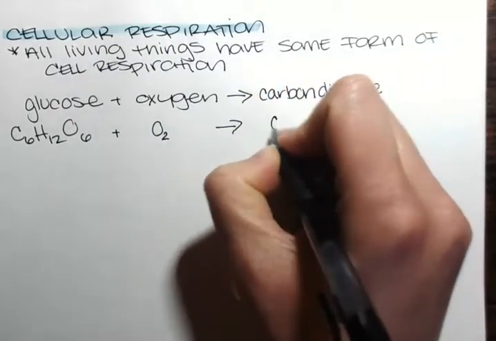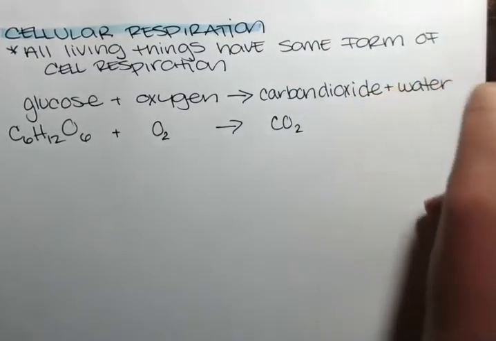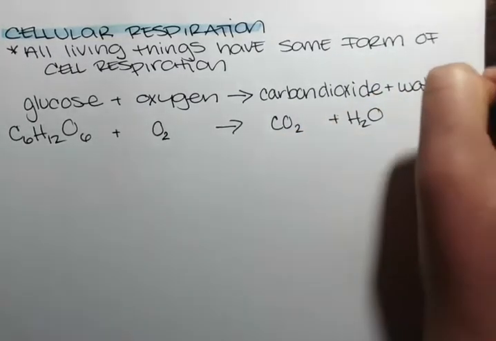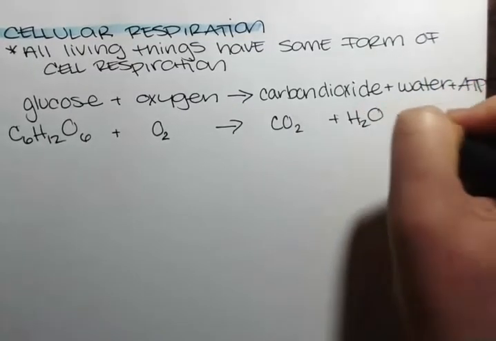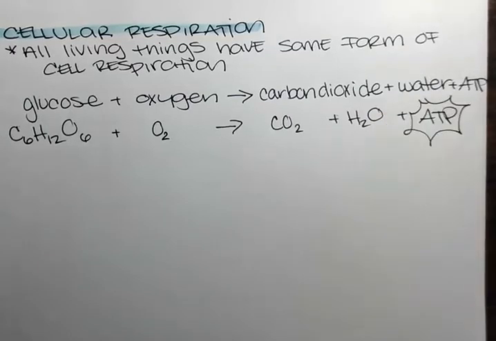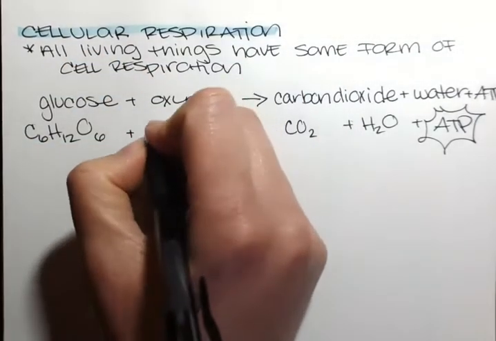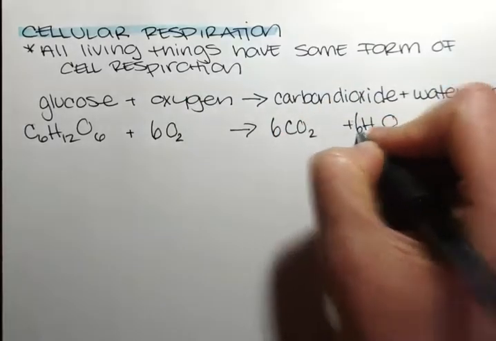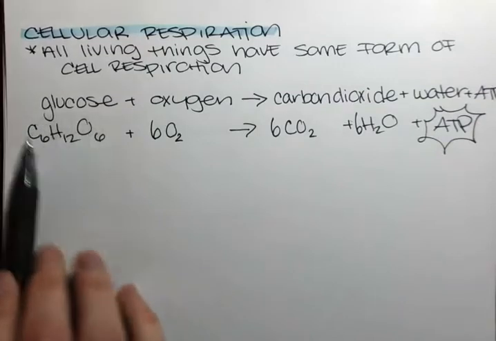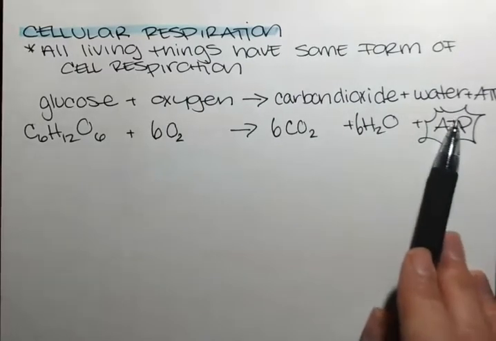So these are going to react and you're going to get CO2, water, which is H2O, and ATP, which is energy. So the whole real purpose here is to get all of these ATP at the end. And for those of you who like some balance, I'm going to balance this equation. I'll put my 6's in here. So essentially what you're doing is breaking this glucose down and releasing the energy that was stored in those bonds.